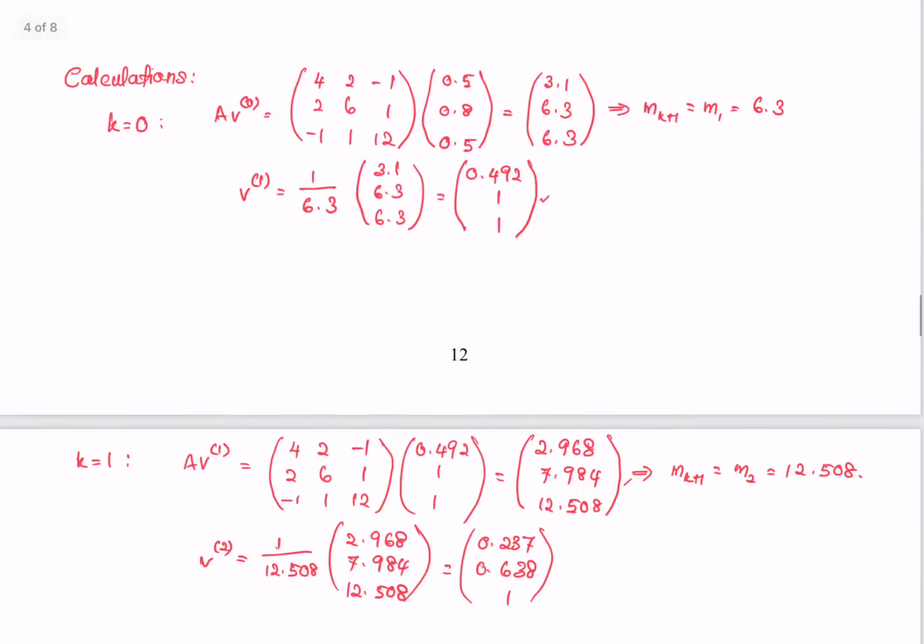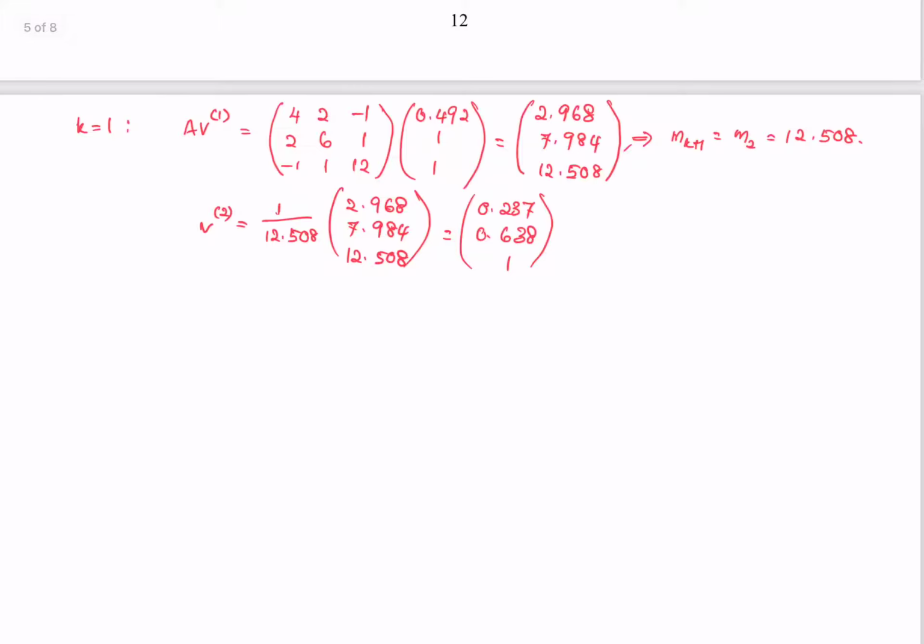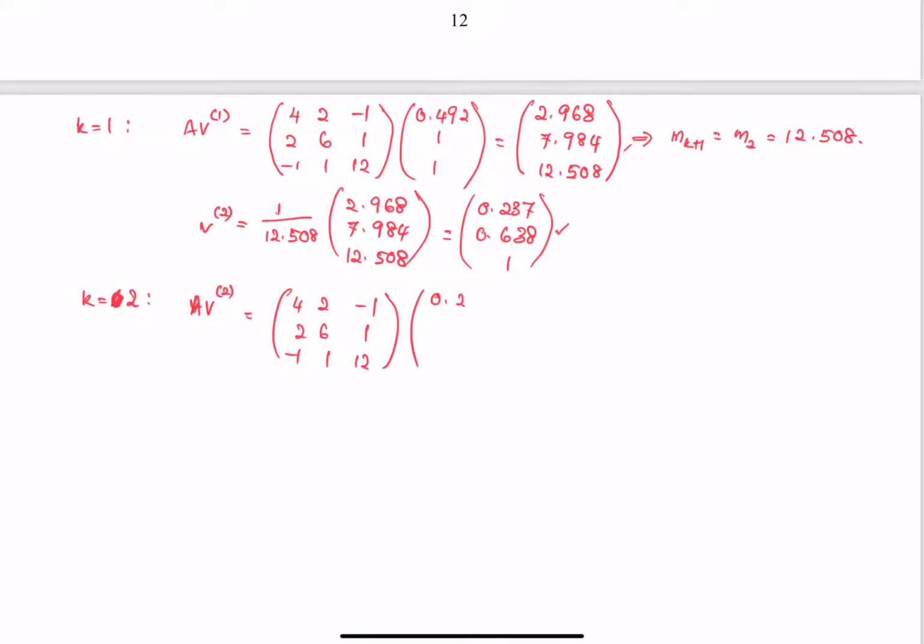Now for k equal to 2, we need to calculate AV2, where V2 is given by this one. 4, 2, negative 1, 2, 6, 1, negative 1, 1, 12, multiplied by 0.237, 0.638, and 1.